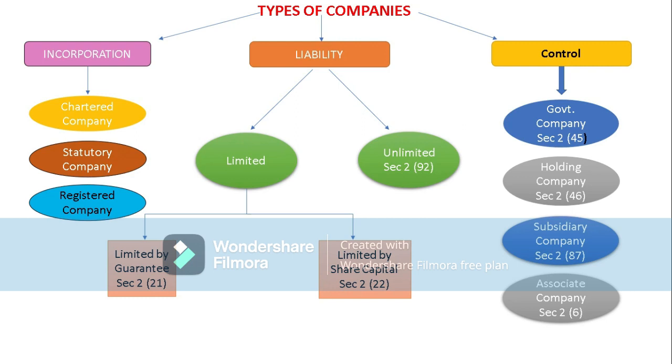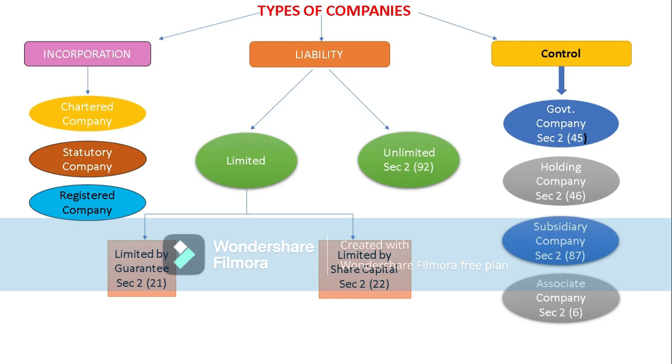Now coming to holding companies. What does holding company mean? According to Section 2 subsection 46 of the Companies Act 2013, a company shall be deemed to be the holding company of another if the other company is its subsidiary. It means the company which controls another company is known as a holding company. The holding company controls subsidiary companies.